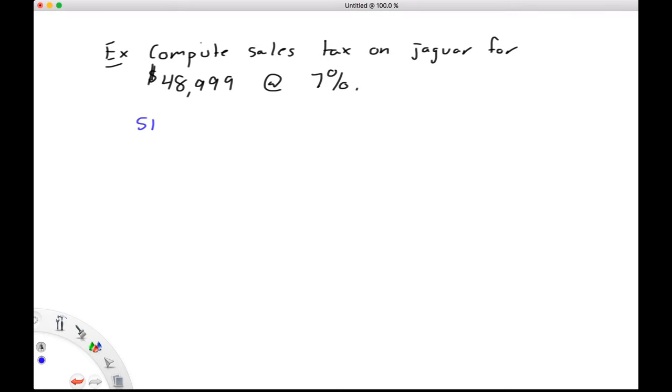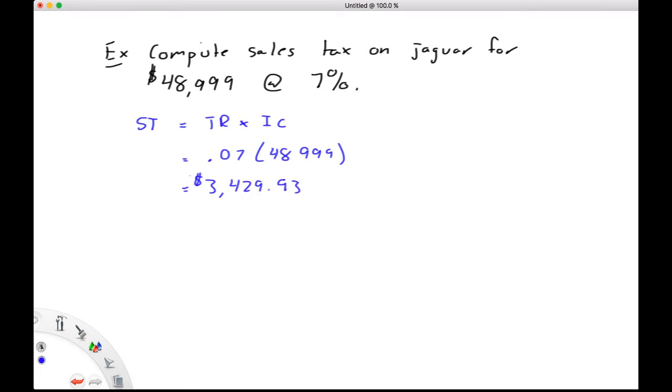Sales tax, once again, is going to equal the tax rate times the item cost. The tax rate in this case is 7%, which is 0.07 as a decimal, times 48,999. And if we do that quick calculation, 0.07 times 48,999, oof, you will get $3,429.93.